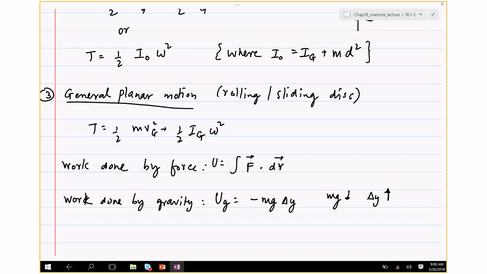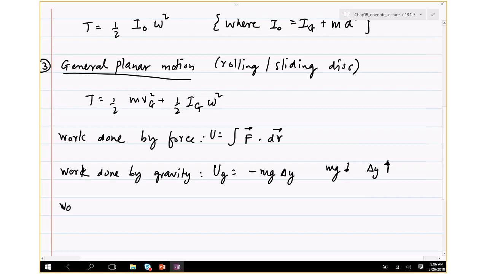And this is nothing new. This is something which I wrote down earlier in the previous chapter. Then the work done by a spring, US, is minus half k (s2 square minus s1 square).